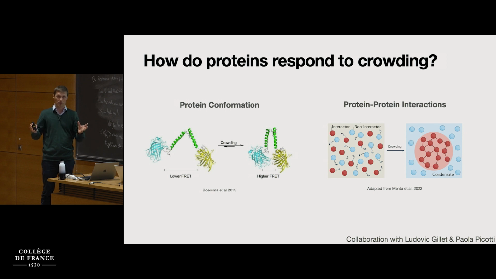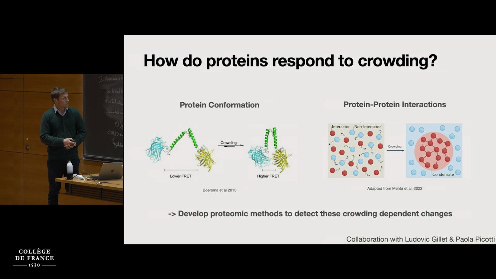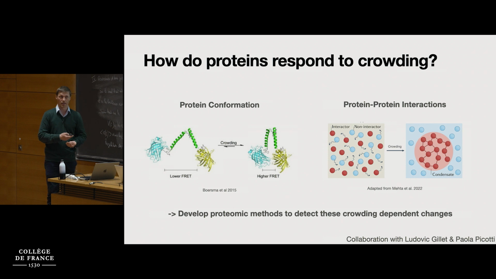Crowding really favors low-affinity interactions, and one special case of this are biomolecular condensates, which can bring proteins close together. In collaboration with the lab of Paola Picotti and her senior scientist Ludovic Gillet, we have been using proteomic tools that they have developed to look at these processes.